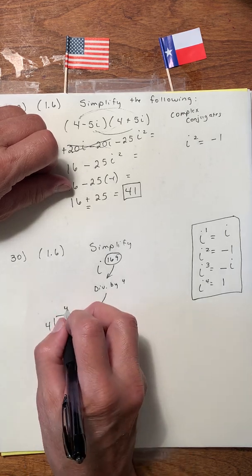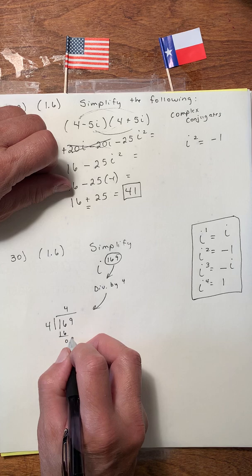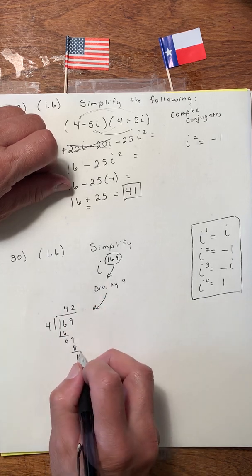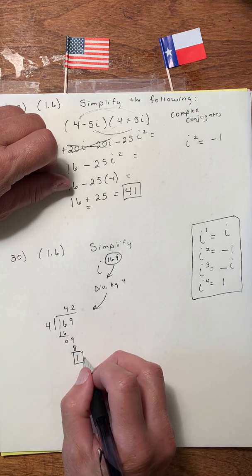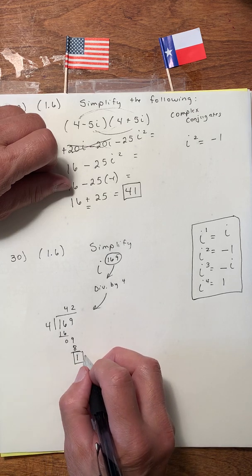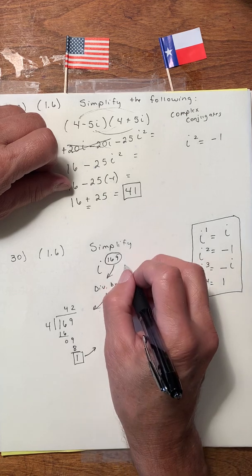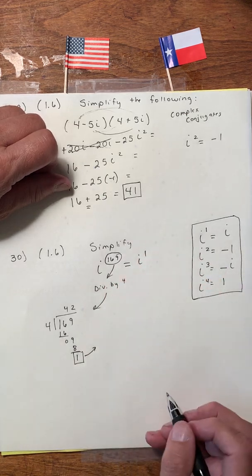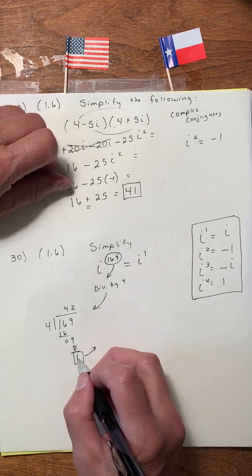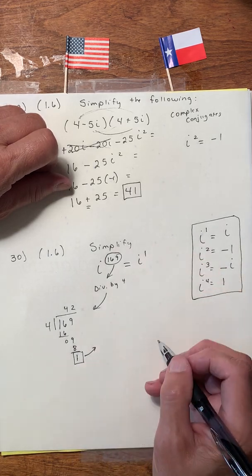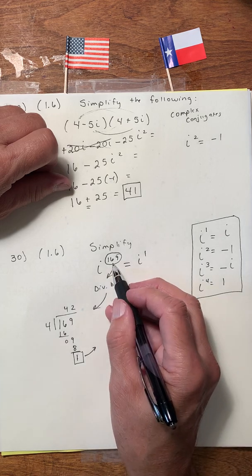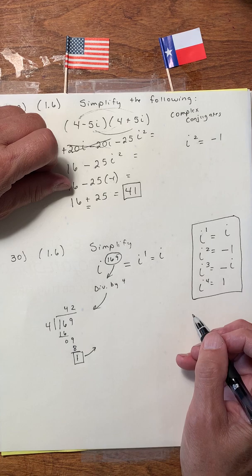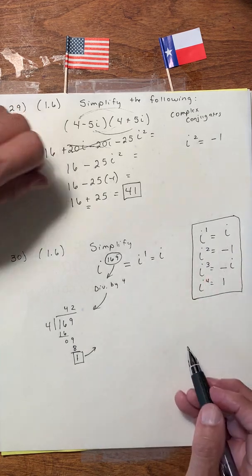Let's see what happens. 4 times 4 is 16, 0, 9, 2 times 4 is 8. 1 remainder. I get a remainder of 1, so that tells me that i to the 169th is the same as i to the first power. If you get a remainder of 1, i to the first. So i to the 169th is the same as i, since i to the first is i.